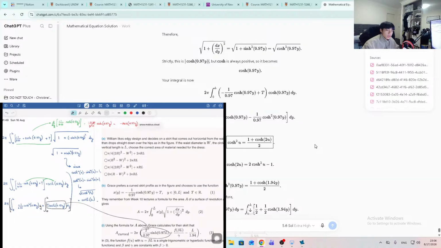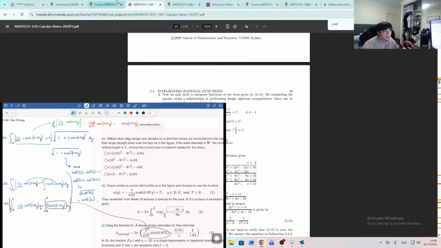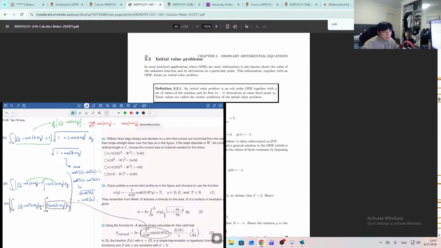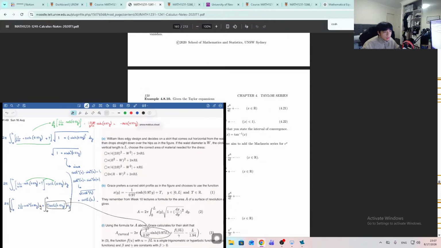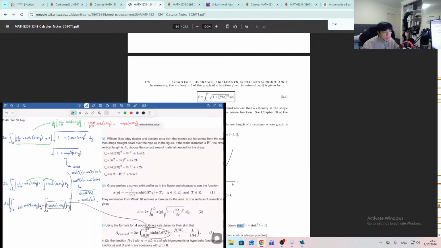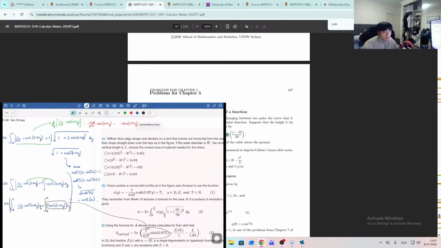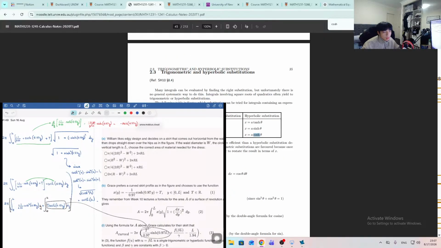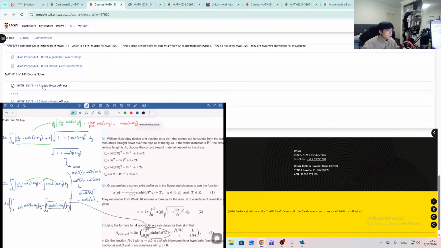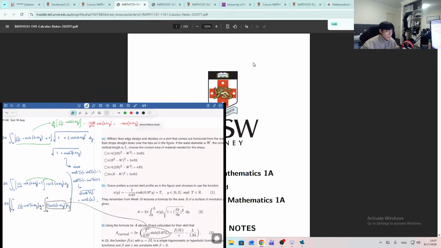Use that identity. Cosh squared is 1 plus cosh 2u over 2. Never used that before. Is it in Math1231 that I should have known this function for cosh?